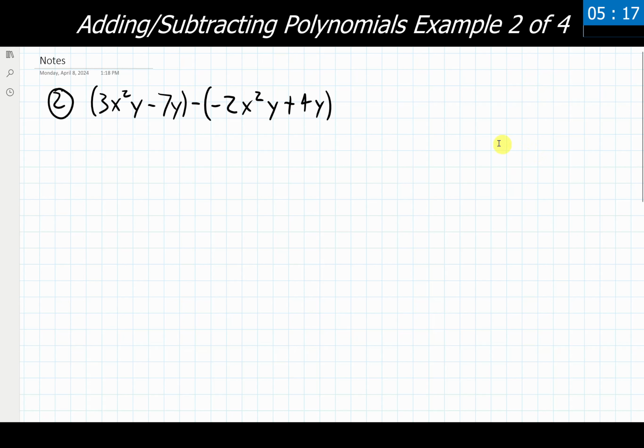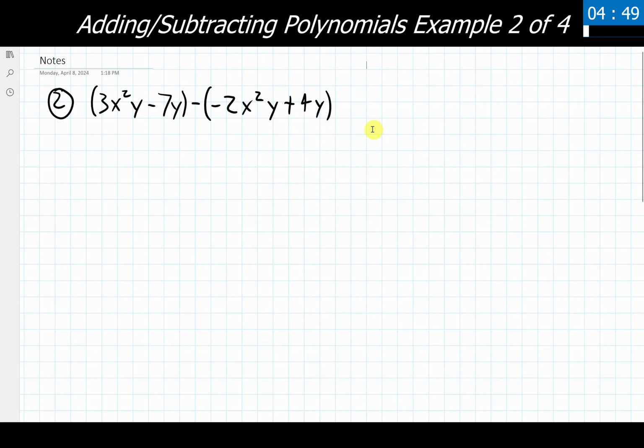In our second example, we're starting to see a little bit messier sets of stuff show up. So we have some prep work that we need to do before we actually add and subtract things together. We are given the first polynomial to be 3x² minus 7y, and that whole thing is being subtracted by the polynomial -2x² plus 4y.